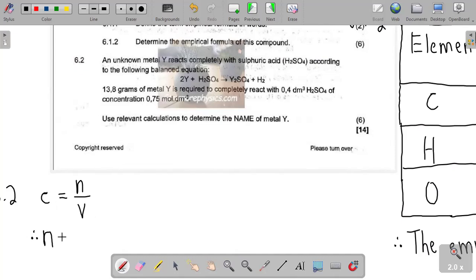Therefore n equals C multiplied by V, equals 0.75 multiplied by 0.4.